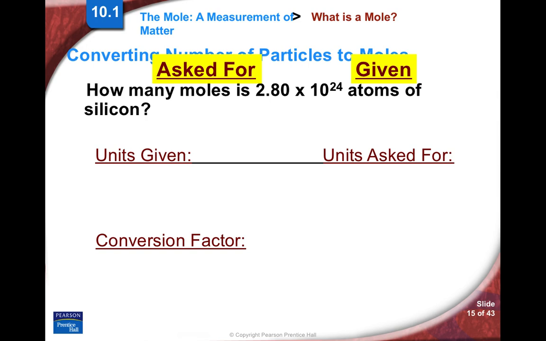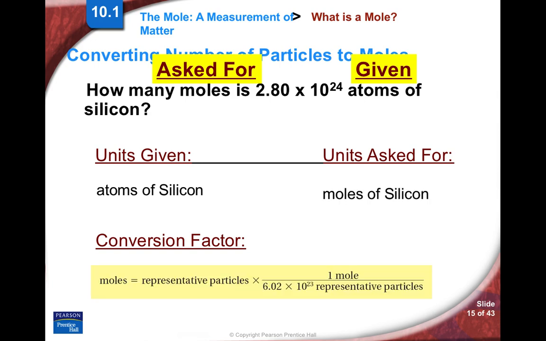Keeping track of units when you're doing calculations is a bit time consuming. However, it will save you over and over and over again if you keep the units with the numbers. You'll be able to solve any problem. So again, you're given atoms of silicon. You're asked to find moles of silicon. And the book has this weird looking conversion ratio thing.